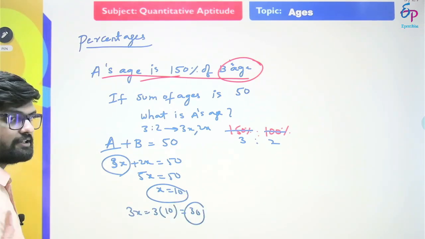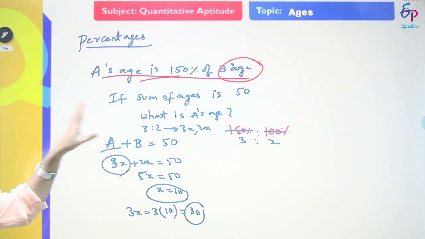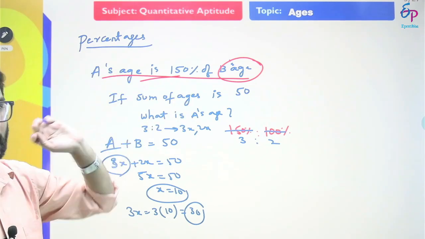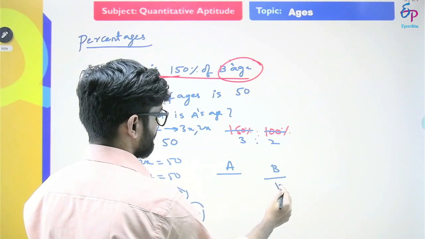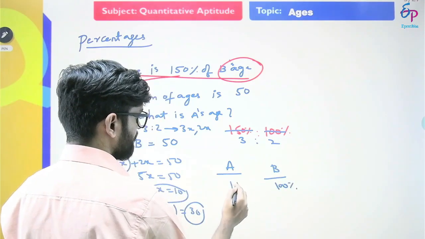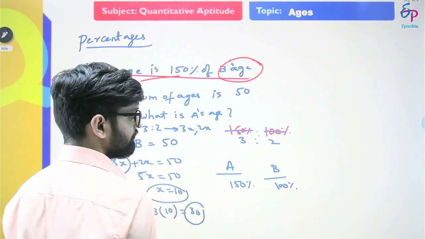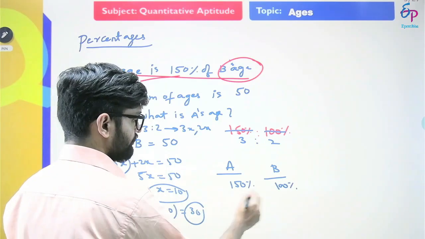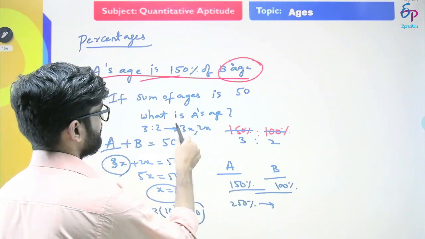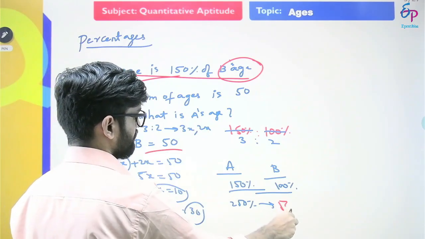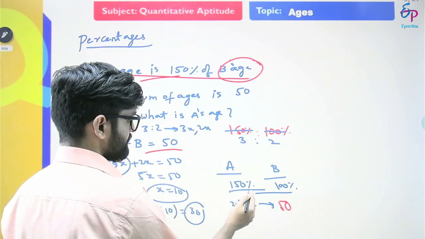What is A's age? It is 30. A's age is 150% of B's age. Or you can do it another way: B's age, if you take it as 100%, A's age will be 150%. So total it will be 250%. 250% they have given the value as 50. What is 150%?